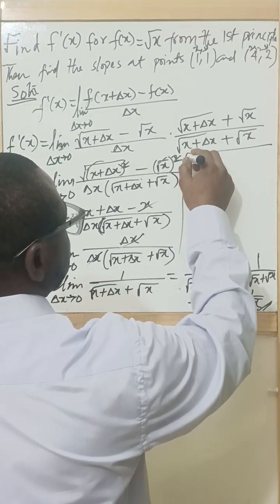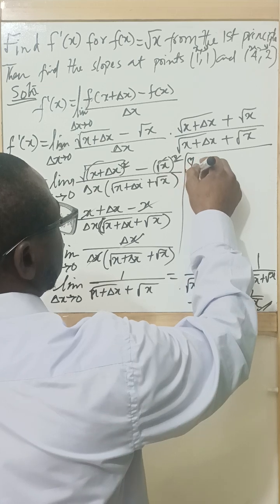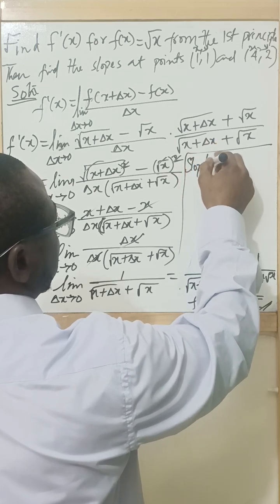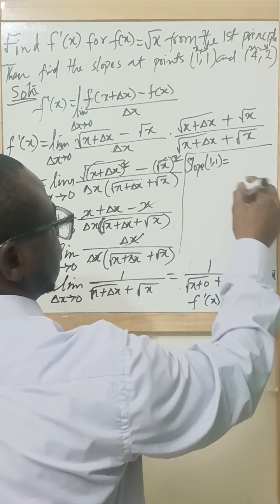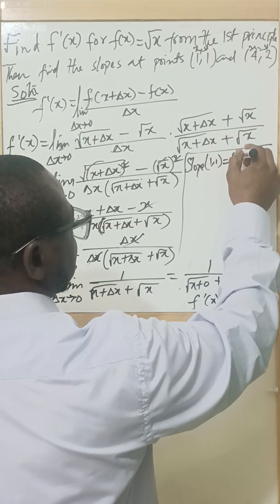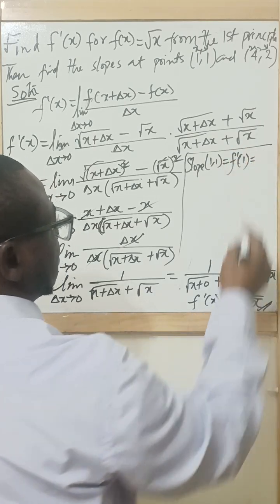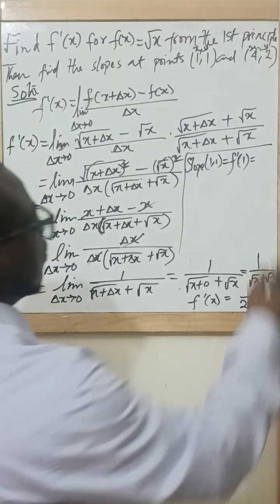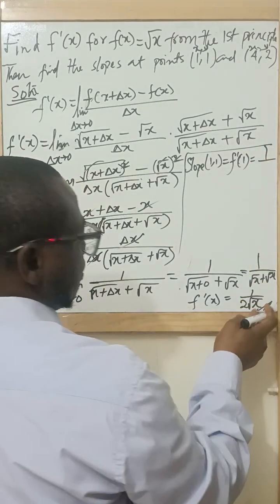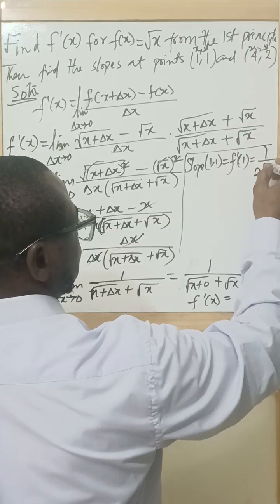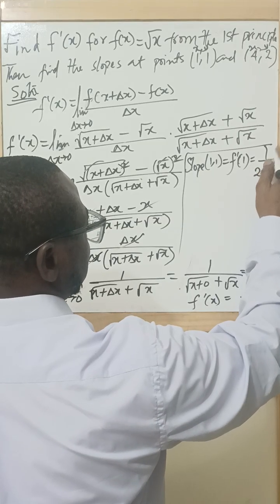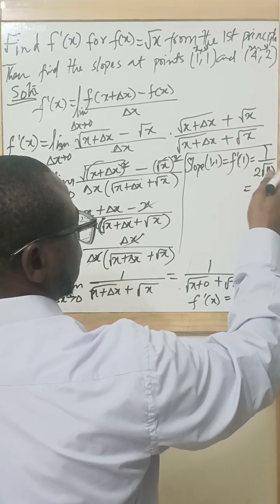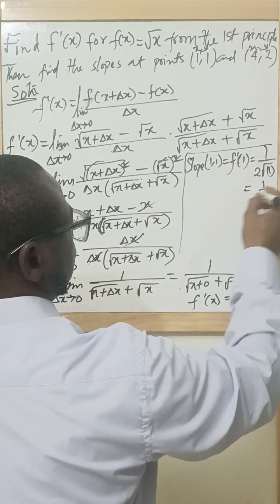So the slope at (1, 1) is f prime of x when x is 1, so that will be 1 all over 2 square root of 1, which is 1, so that will be 1 over 2.